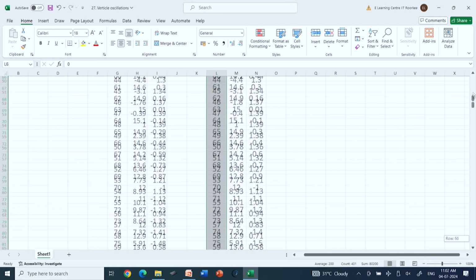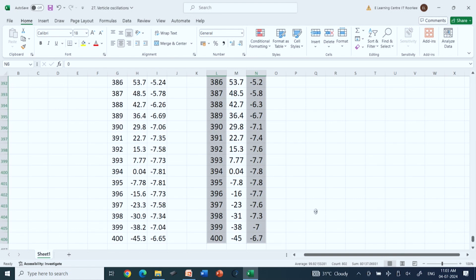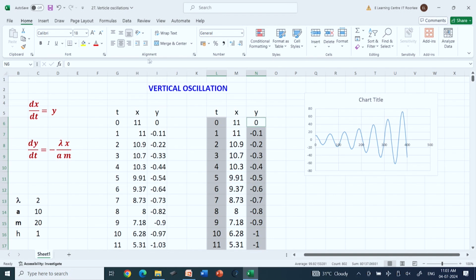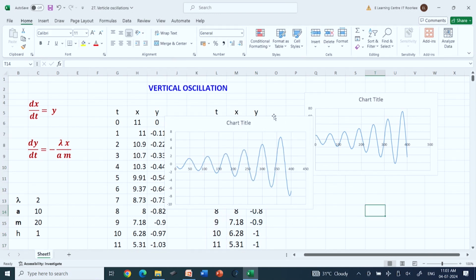Now to select the third column, you press Control, highlight this, press Shift and the down key. It will select all the values, and then again you go to Insert and the graph.